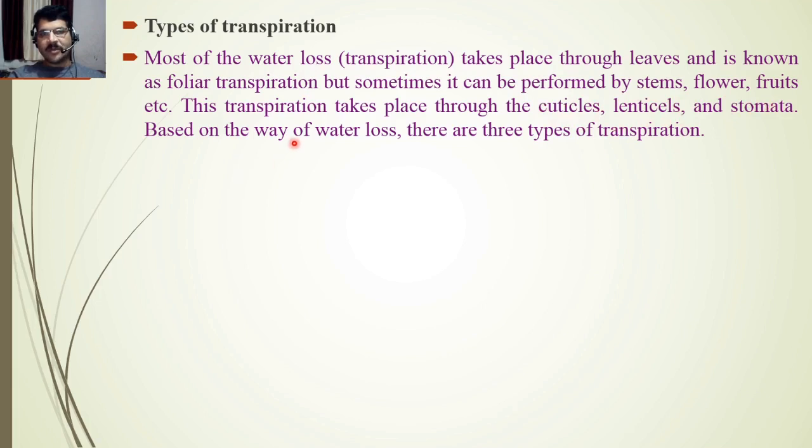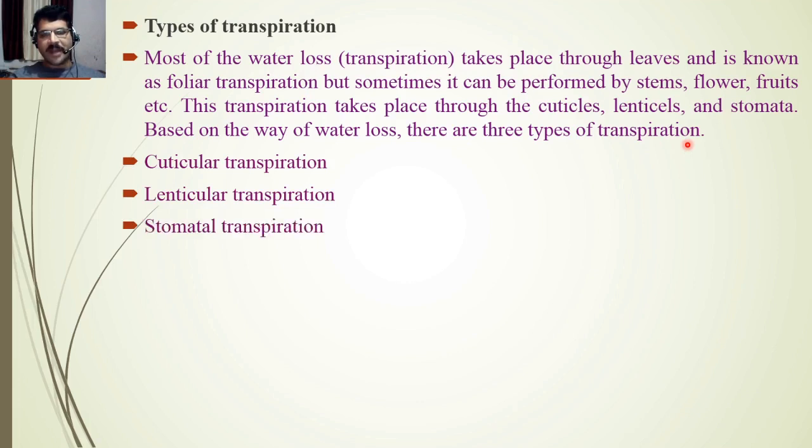So based on the way of water loss, there are three types of transpiration. First is cuticular transpiration, second is lenticular transpiration, and third is stomatal transpiration. One by one we will discuss them in detail.